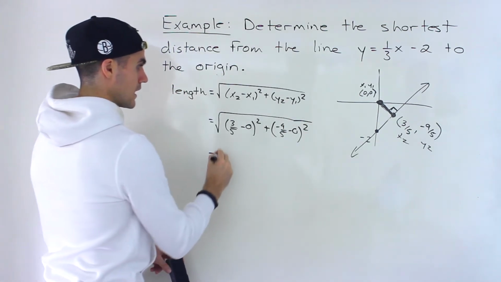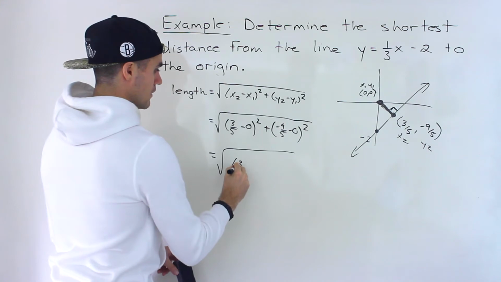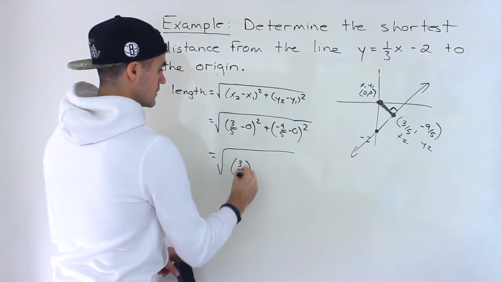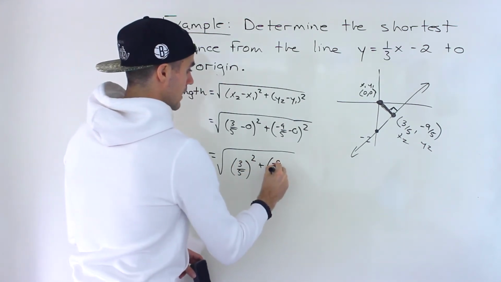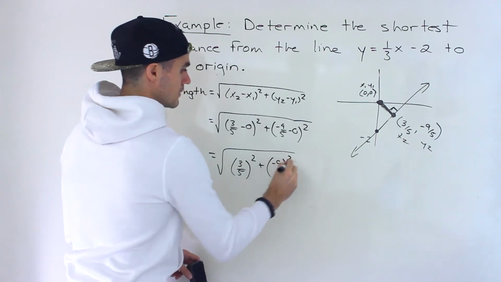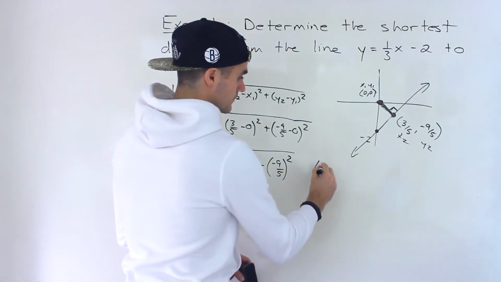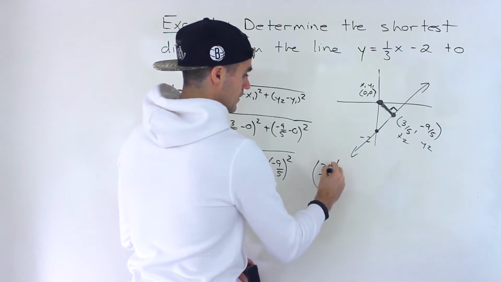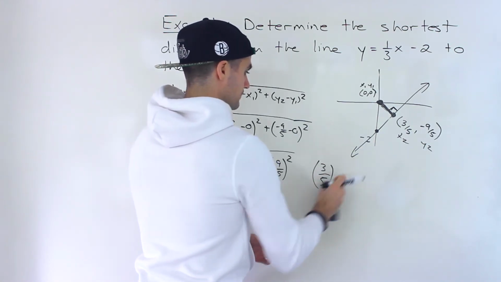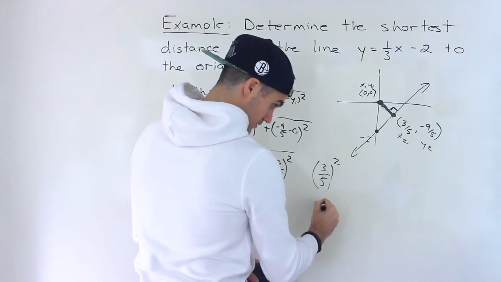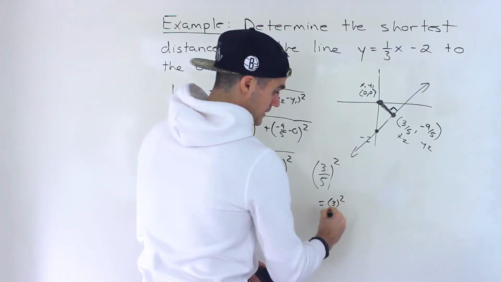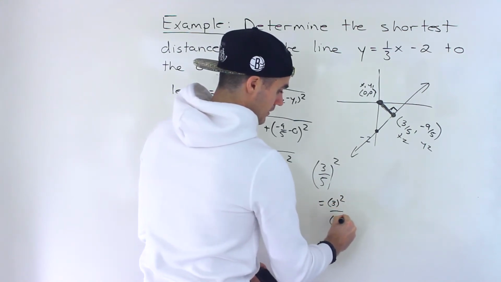So over here, we'd have the square root of 3 over 5 to the power 2 plus negative 9 over 5 to the power 2. Remember, when we have a fraction to an exponent, we can take the numerator to that exponent and the denominator to that exponent.